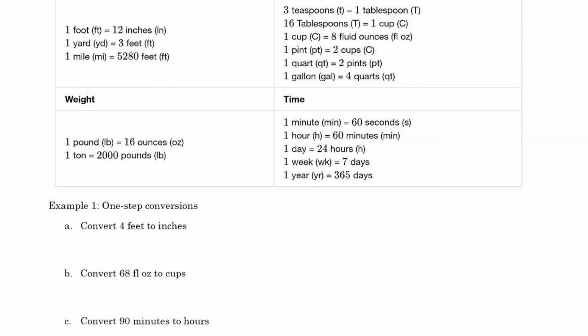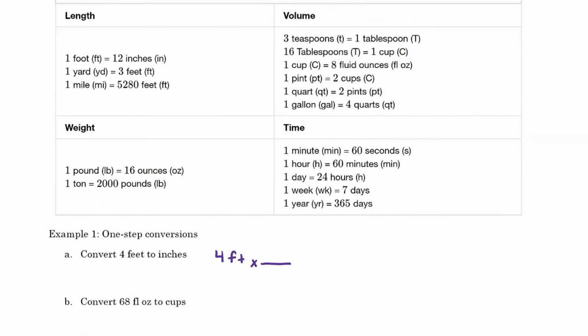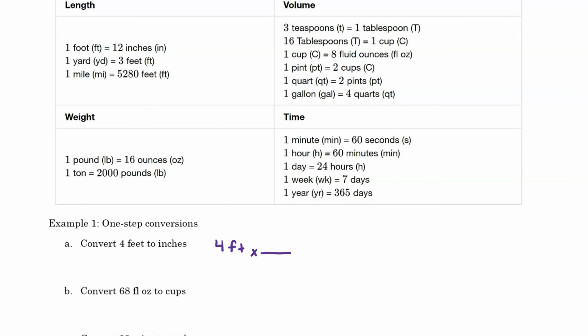Let's try to convert 4 feet to inches. I'm starting with 4 feet, and I'm going to multiply and divide. Remember at the beginning I said we're going to use multiplication and also division. I'm going to look here and see, okay, I know that 1 foot is the same as 12 inches.